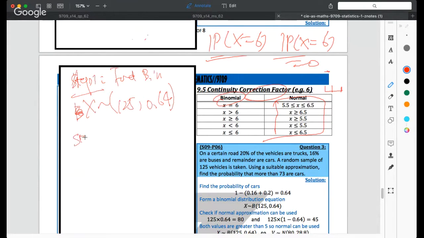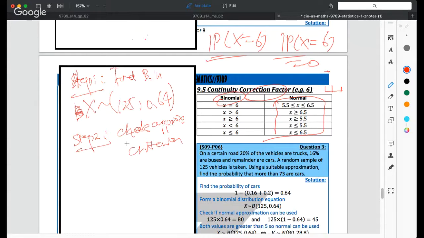And step 2, we need to check whether we can use the approximation, so check the approximation criteria. I know sometimes it may sound silly to check the criteria, since the question asks you to use a suitable approximation, which definitely means you can use it. But to show that you understand the necessary conditions for this approximation to work, you need to check that.